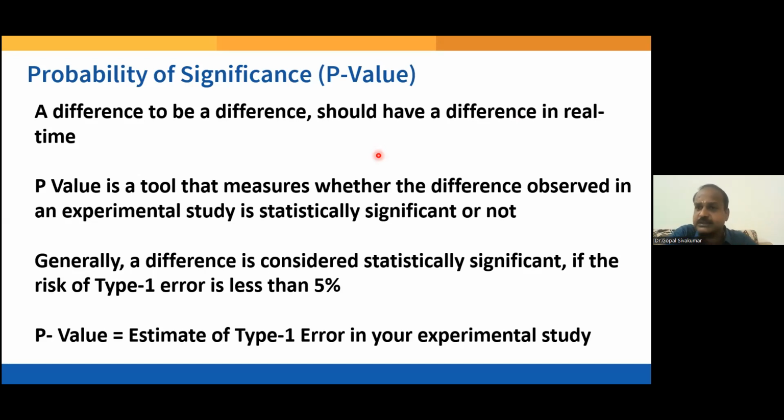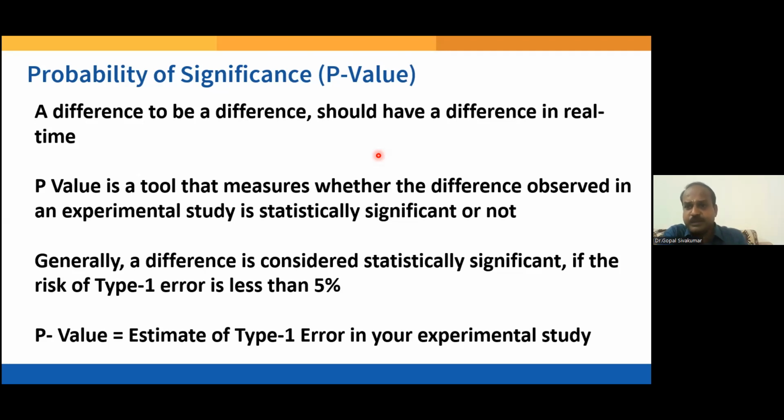Now what is the difference? 1 mark. Just because Sridhar has scored 1 mark more than Gurmeet, will I be able to say Sridhar has more knowledge than Gurmeet? I cannot say, isn't it?